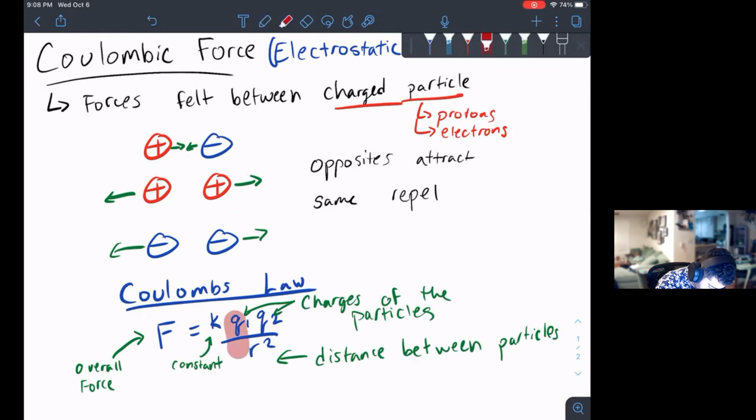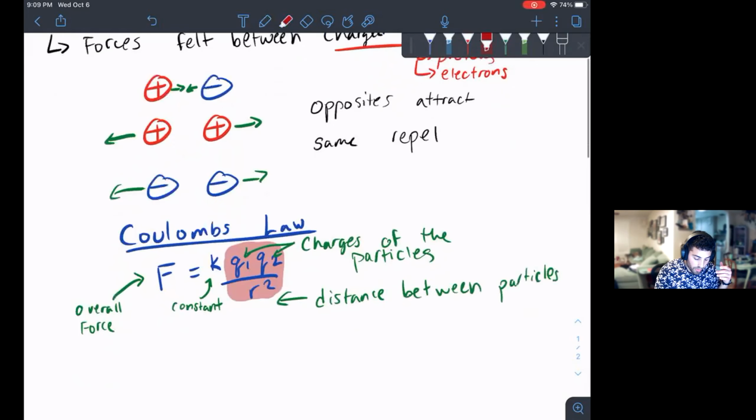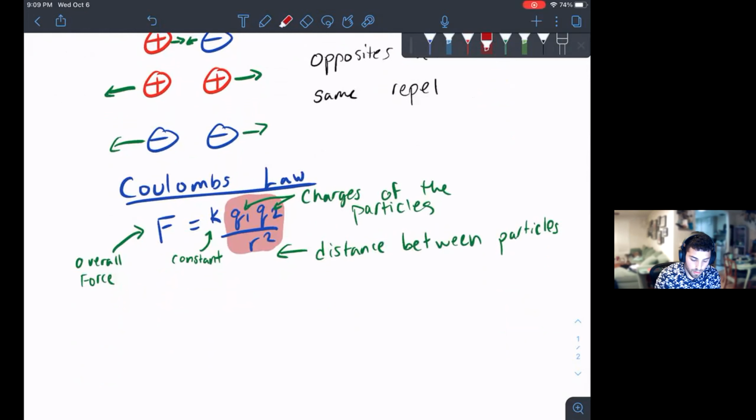And I'm going to highlight this section right here, the Q1, Q2 over R squared, because that's all we'll really be talking about. Basically, if we look at the way that whole thing interacts on the force, if we just bring those down, F equals Q1, Q2 over R squared.